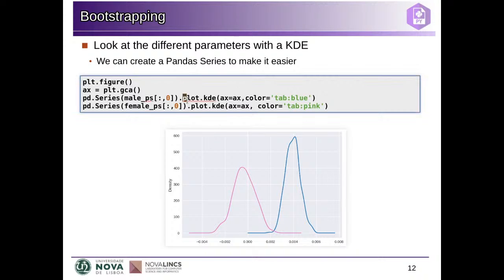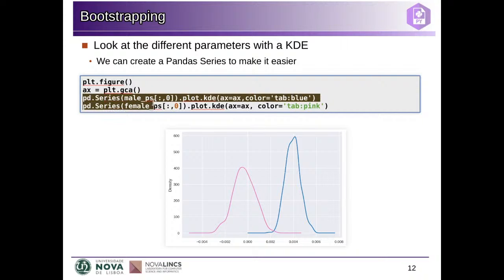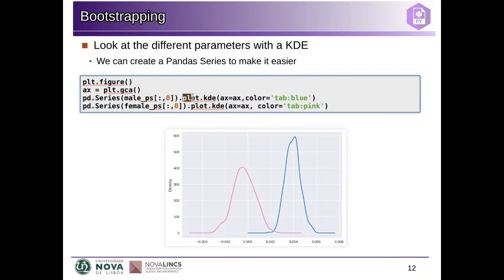So I can do a kernel density estimate plot here using this pandas series to create the plot, because pandas has the kernel density estimate implemented. So I just transform the values that I have here for the parameters into a pandas series and then call the kernel density estimate plot.